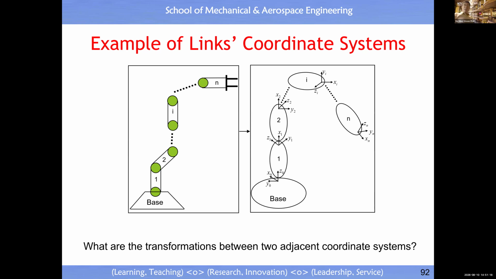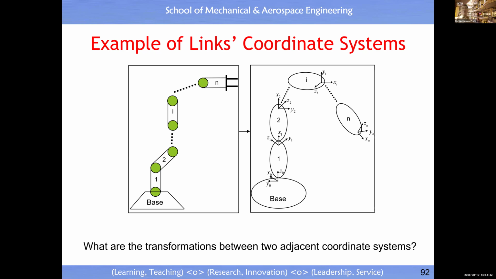Pay attention. The Earth could be considered as link 0. If your arm is on the table, then the body of the table is link 0. If the arm is at the shoulder of a humanoid robot, then the shoulder will be considered as link 0, or the base link. Base link is link 0.